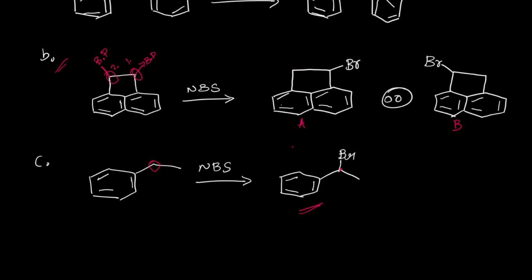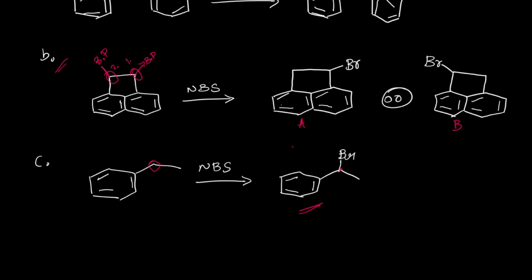So the thing you have to remember here is that the most important use of the NBS reagent is in allylic and benzylic bromination. In allylic and benzylic bromination, the NBS reacts with alkenes and replaces the hydrogen atom at the allylic or benzylic position with a bromine atom.